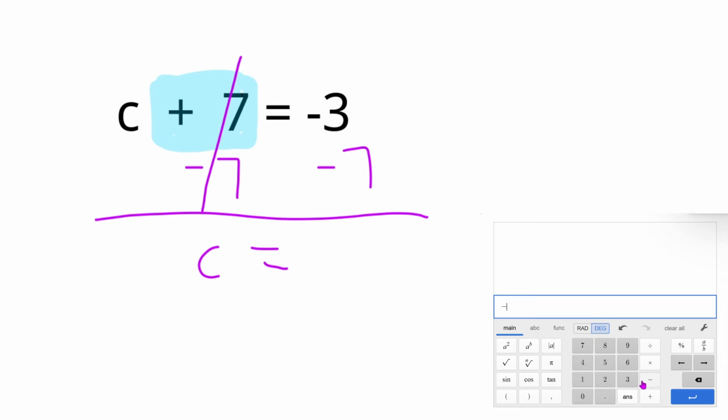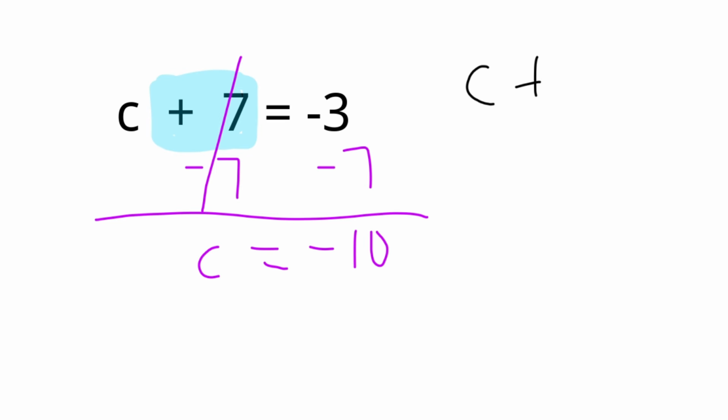Negative 3, take away 7. Plug that into your calculator. You will get negative 10. Now let's perform a 3-step check. First step is to rewrite your original equation. C plus 7 equals a negative 3. Step 2, plug in for C. C is negative 10.